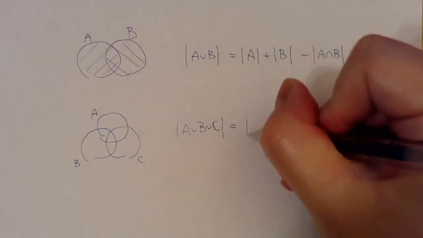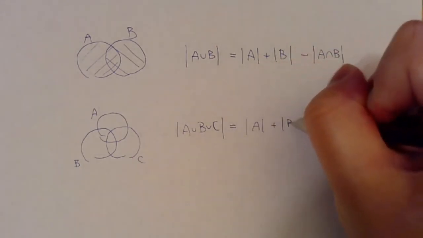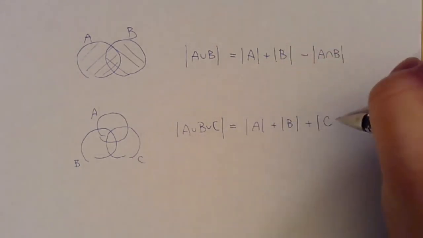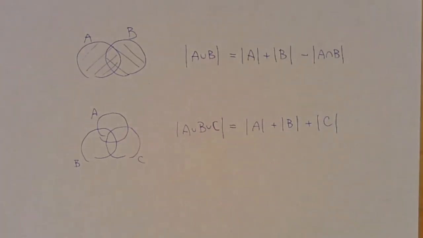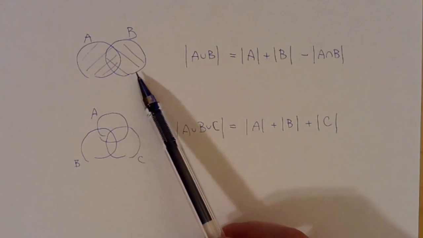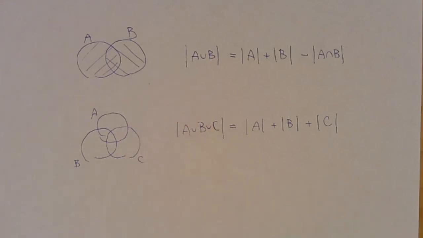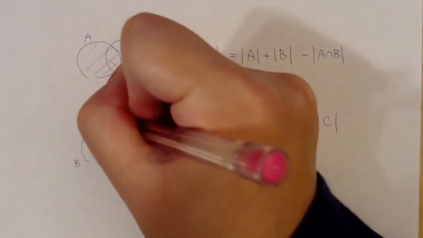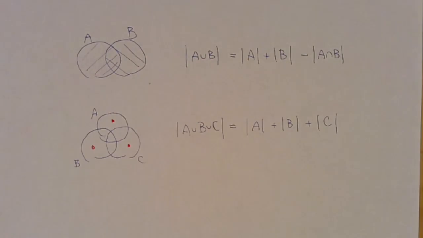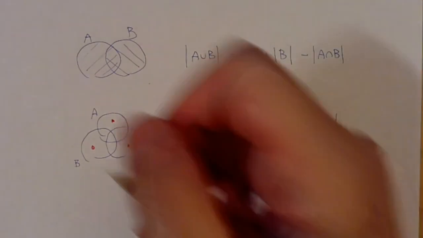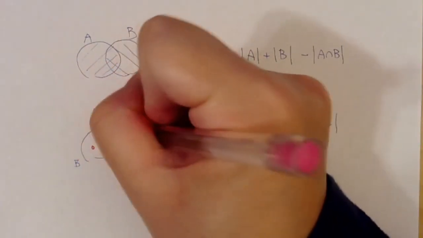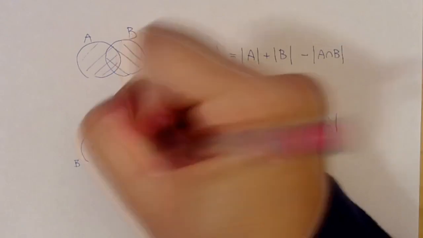So again, let's add up the sizes of the individual sets. This time I won't shade. I hope that you can imagine that I'm shading it, and you'll notice that when we sum that up, then we do get this region, and this region, so that's good. But we would have double counted this region, and that region.